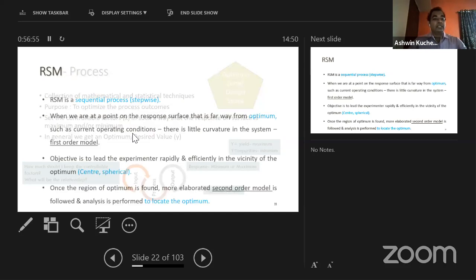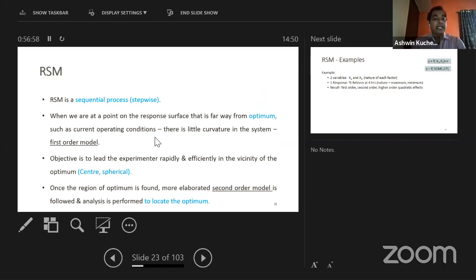Taking this into mind, response surface methodology is a sequential process where we are at a point on the response surface that is far away from the optimum, meaning there is no curvature. That is called first order, meaning it speaks only about the main effects like x1 and x2 factors.